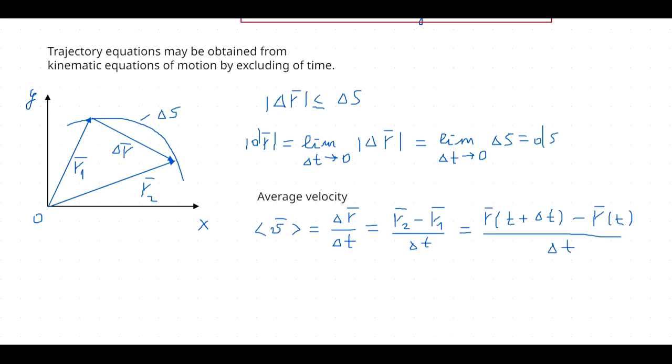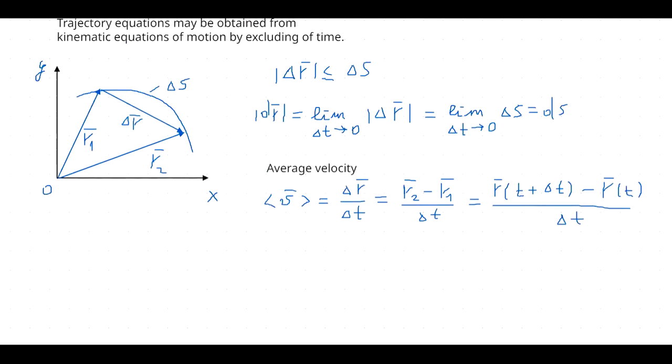This is average velocity, and here you can see the letter v. Letter v is the first letter in the word velocity. Okay, do you have any questions? No questions.